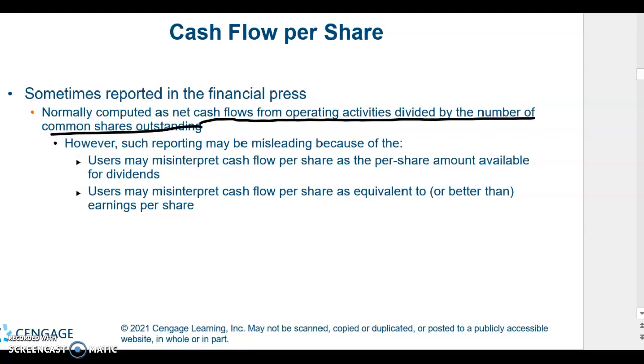It may be misleading because users may interpret cash flow per share as the per share amount available for dividends, and that's not true, because this is just cash flow from operations. They also may misinterpret cash flow per share as earnings per share, but this is not the same because this is just cash flows from operating activities. This is not net income.